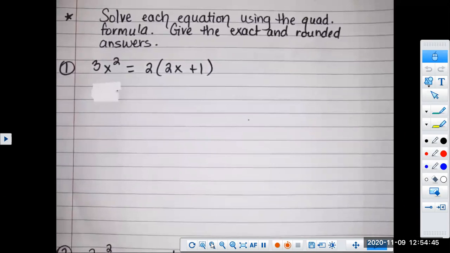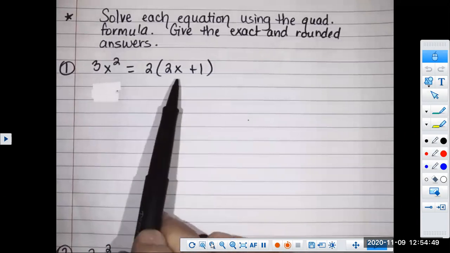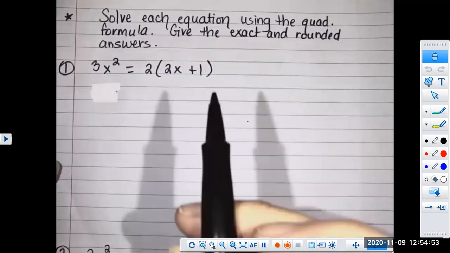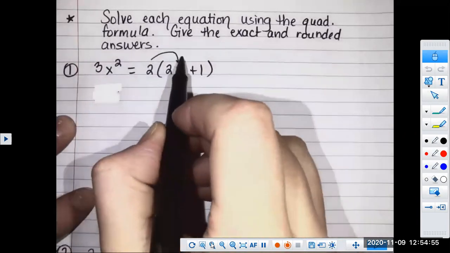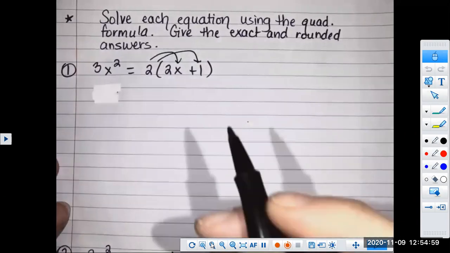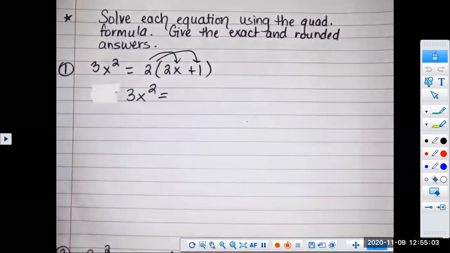Okay, in number 1, what is wrong with this? Good, it's undistributed. So that's the first thing you need to do is distribute. So we get 3x squared equals what?